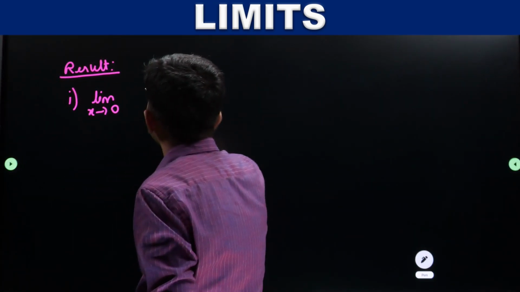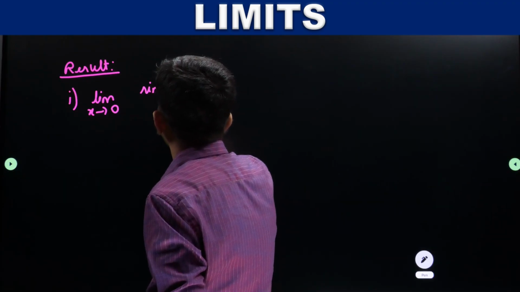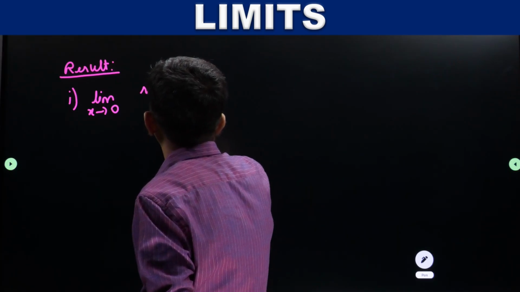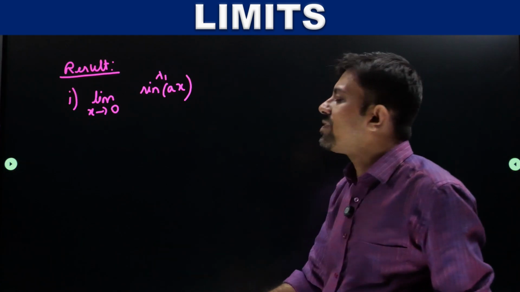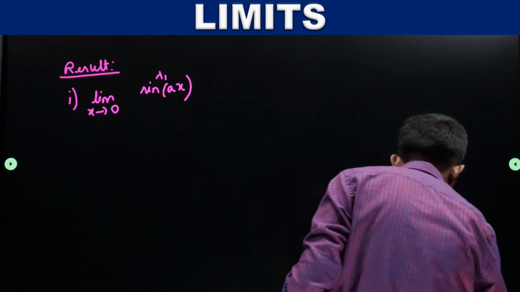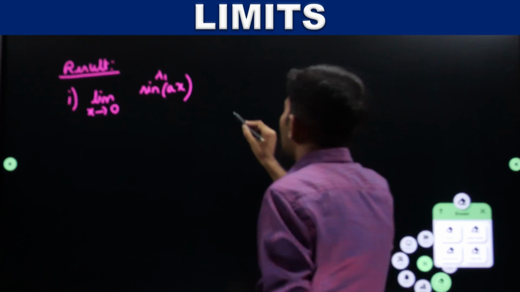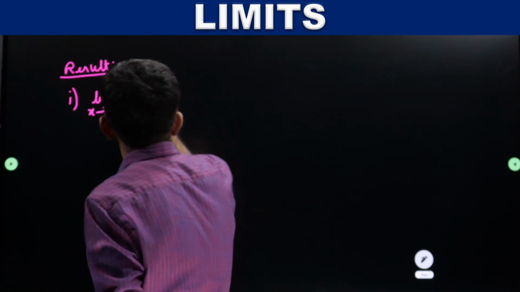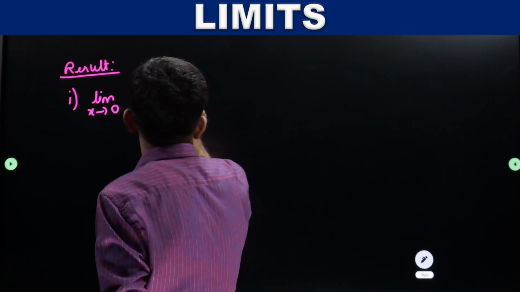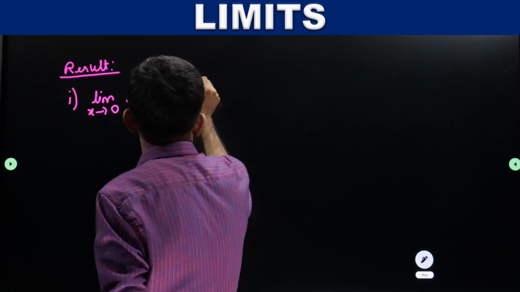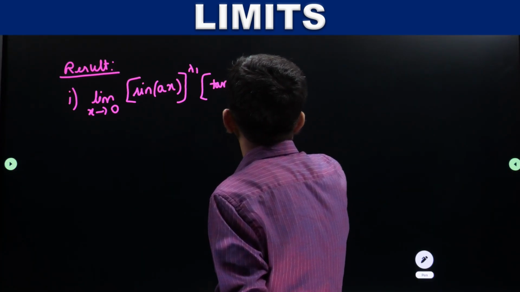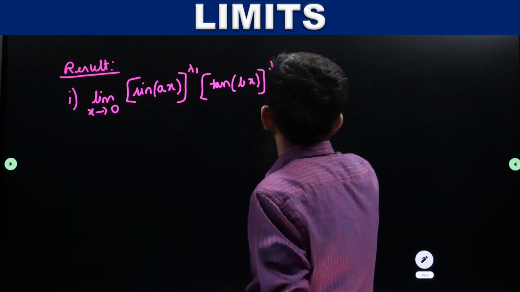limit x tends to 0. Suppose I give (sin ax) to the power lambda 1, or I'll write (sin x) to the power lambda 1, into (tan bx) to the power lambda 2.